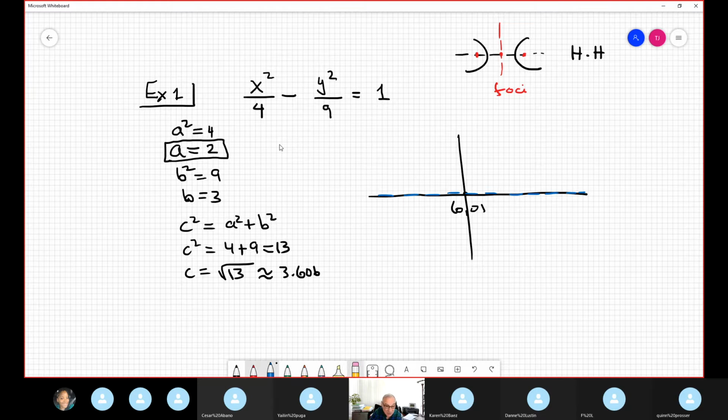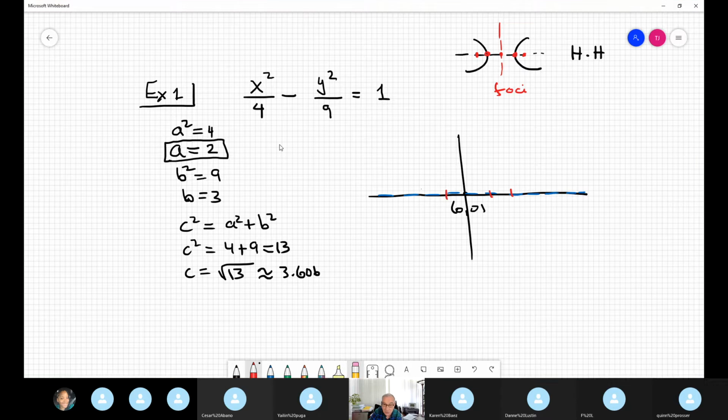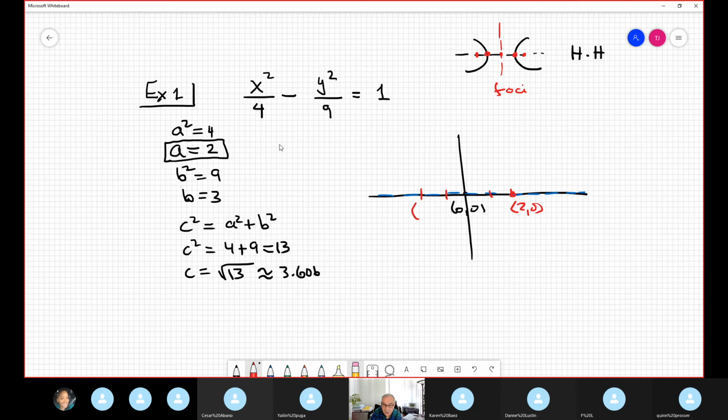What is the vertex? The vertex is this point and this point. What distance? a. a is 2. Therefore, one vertex is located at (2, 0), and another vertex is at (-2, 0).